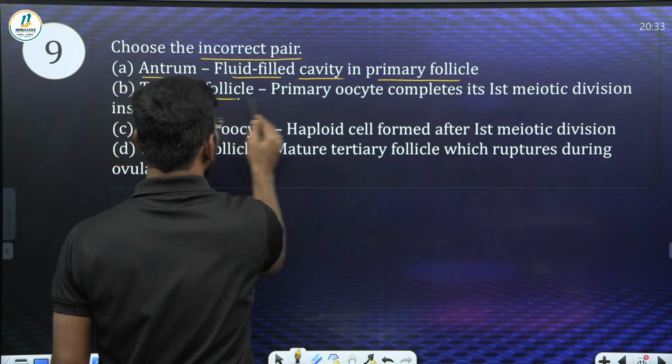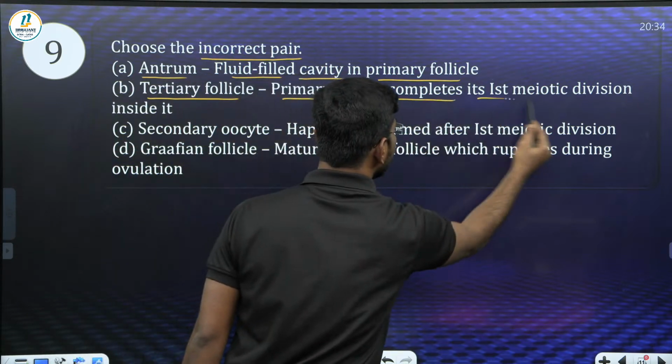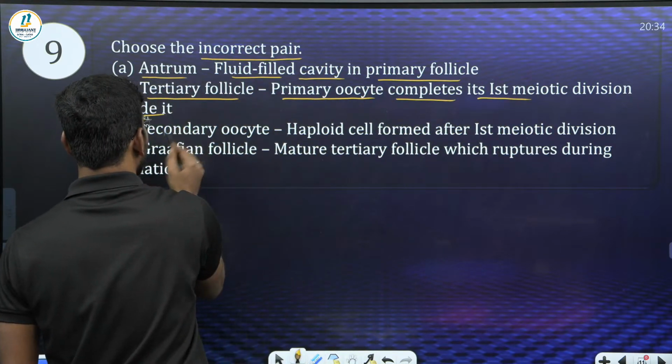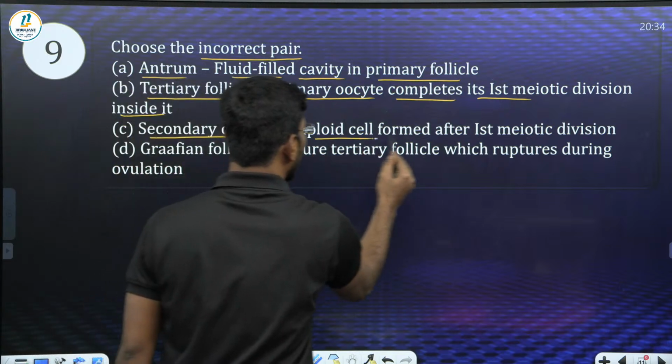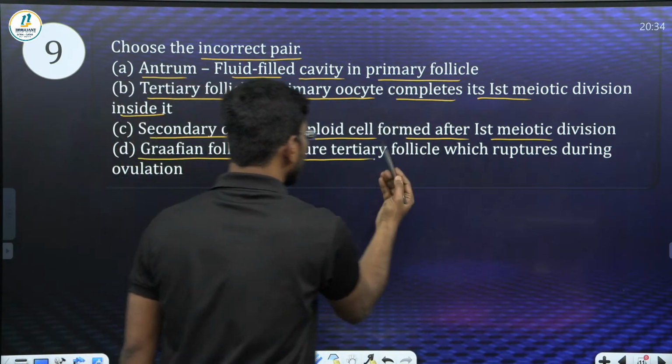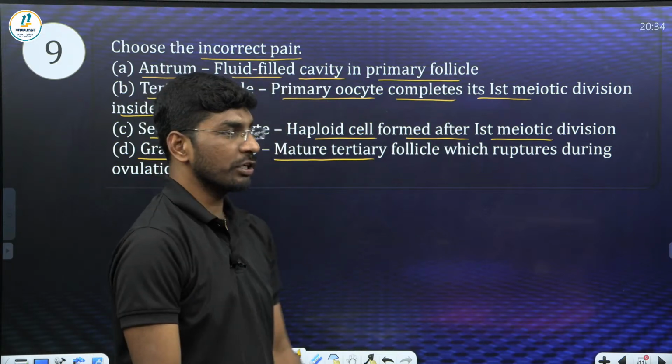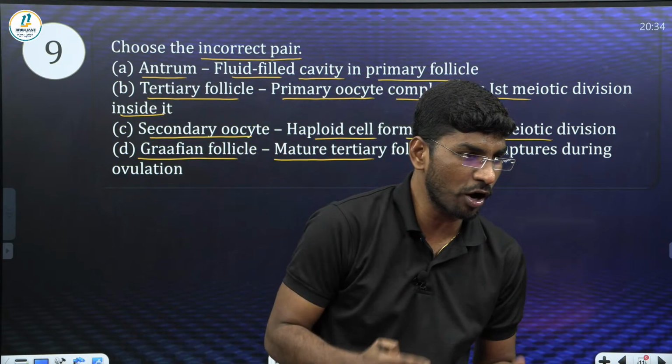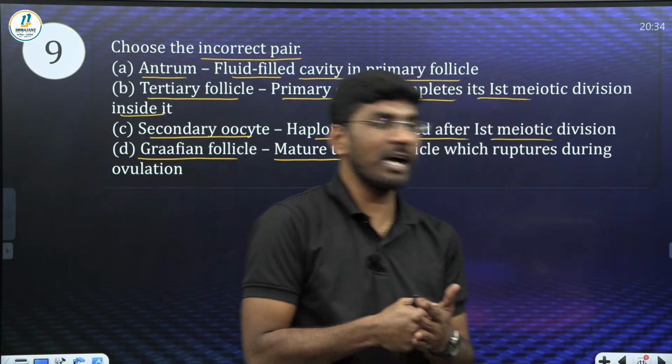Next, tertiary follicle, primary oocyte completes its first meiotic division inside. Secondary oocyte, haploid cell formed after first meiotic division. Graafian follicle, mature tertiary follicle which ruptures during ovulation. Something is wrong here. Good, Shabash, absolutely.